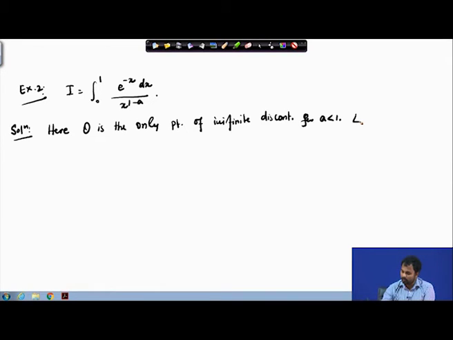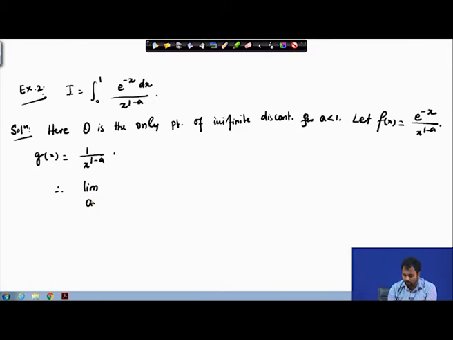So, let f x equals to e to the power minus x, x to the power 1 minus a, and we take g x as 1 by x to the power 1 minus a. Then we can evaluate the limit, the point where we have the discontinuity, which is 0.